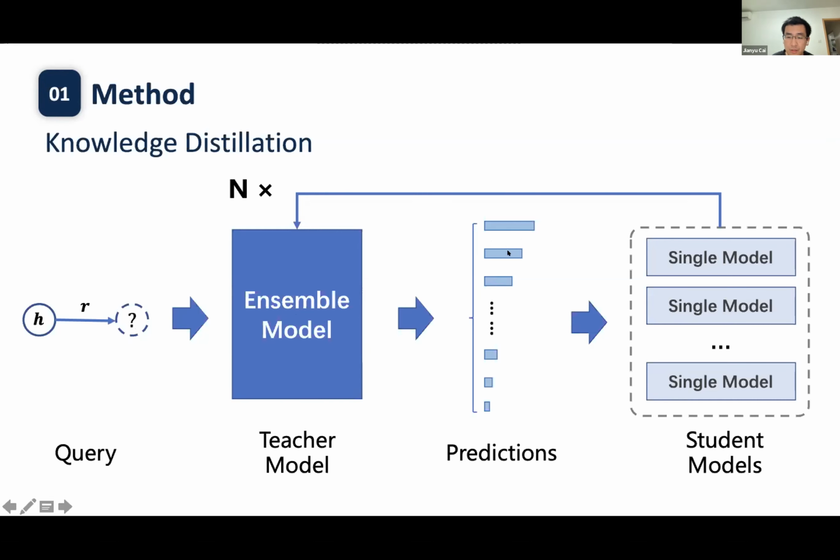After we have made predictions, we distill the knowledge into several new single models, such that the single models could learn the knowledge learned by the ensemble model based on the query. When we have learned the single models, we ensemble these models into a new ensemble model, and then continue the process for several iterations, such that the performance on the validation data set converges.